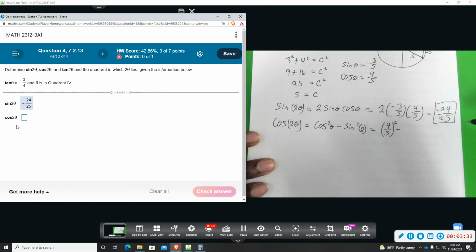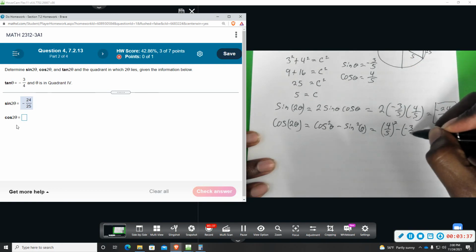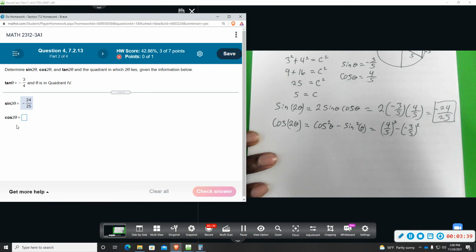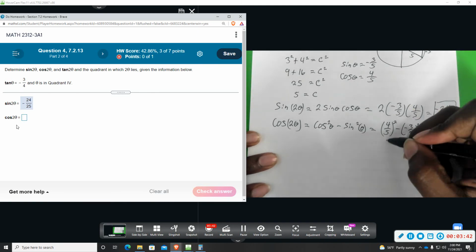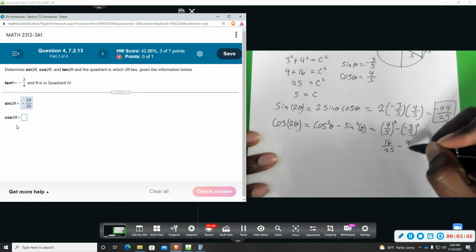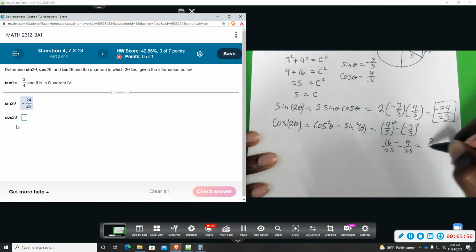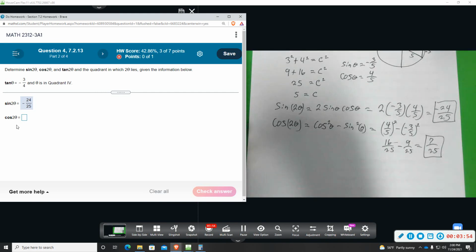Sine was negative 3 over 5. We're going to be squaring both of those numbers, so this will be 16 over 25, subtract 9 over 25, and that'll give us 7 over 25, positive 7 over 25.